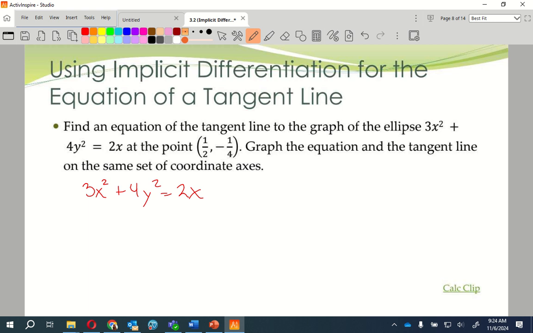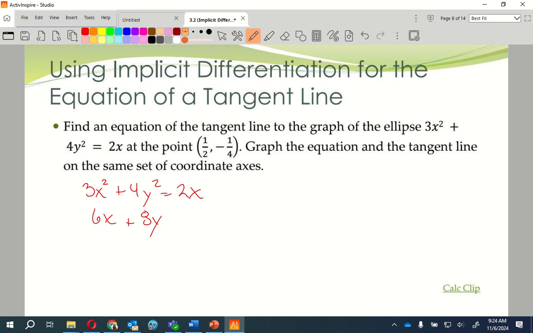So let's go ahead. What's the derivative of 3x squared? Very good. Plus, what's the derivative of 4y squared? 8y? Is that it? Is it?